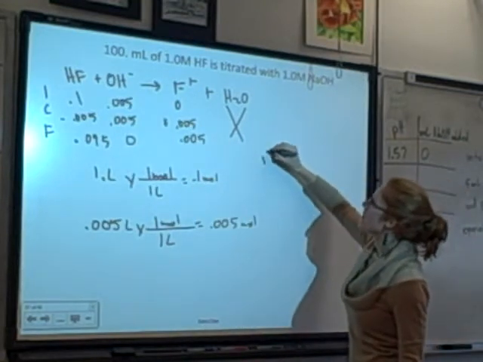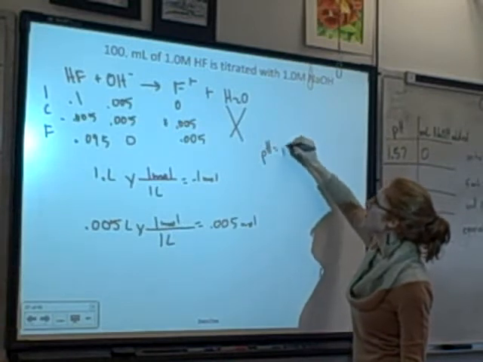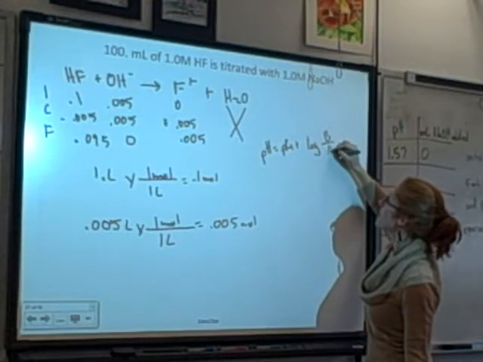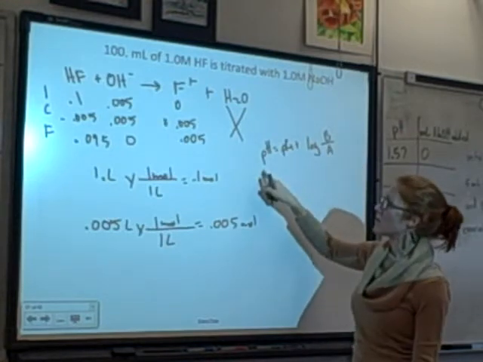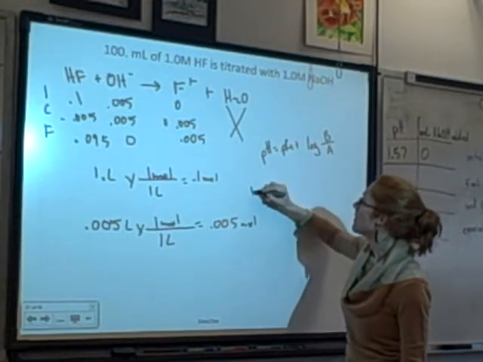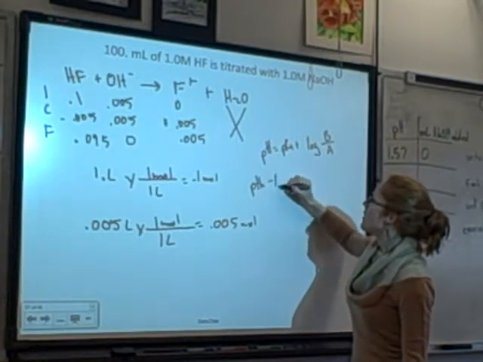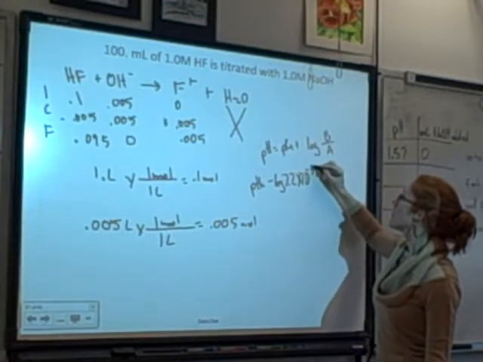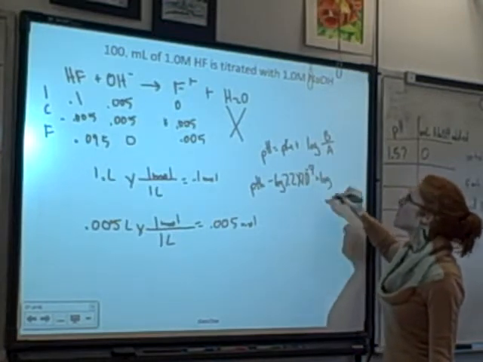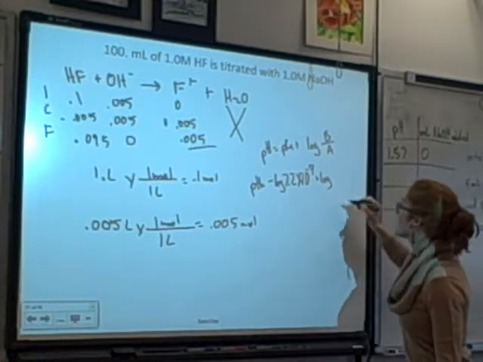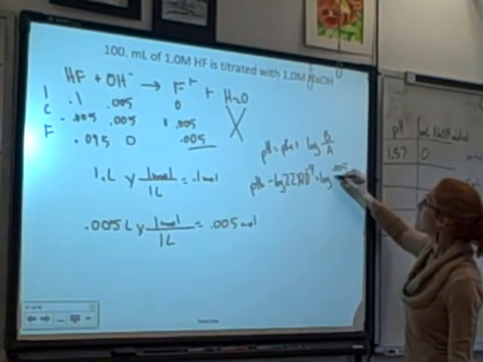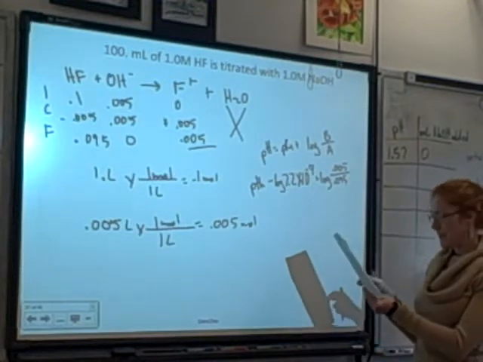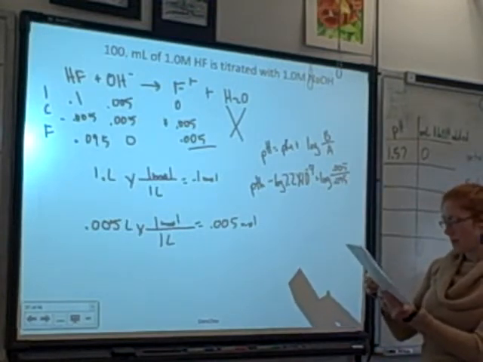And the equation for buffers is that pH equals pKa plus log of the base over the acid. So pH is going to be negative log of the Ka, negative log 7.2 times 10 to the negative 4th, plus log of the base, which is the fluoride ion, 0.005 over the hydrofluoric acid.